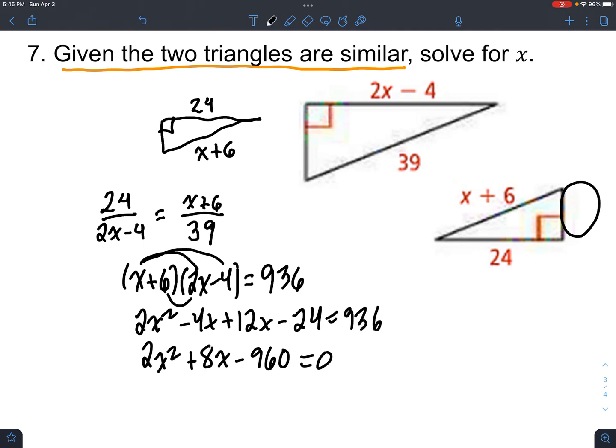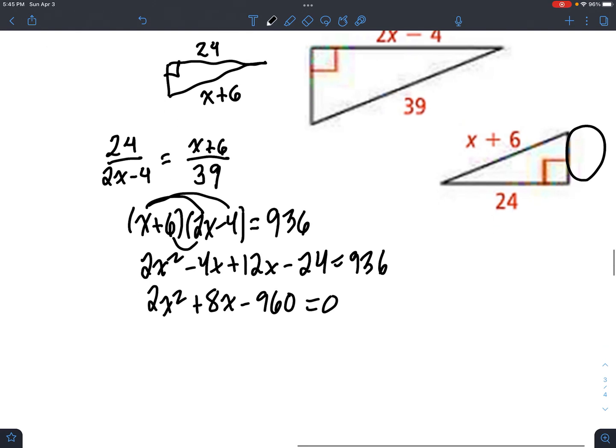There. That's the missing step I didn't include. And you get that, and then now you have to factor. But this 2 makes factoring a lot harder, but everyone's got a 2. So we can divide by 2 and get this.